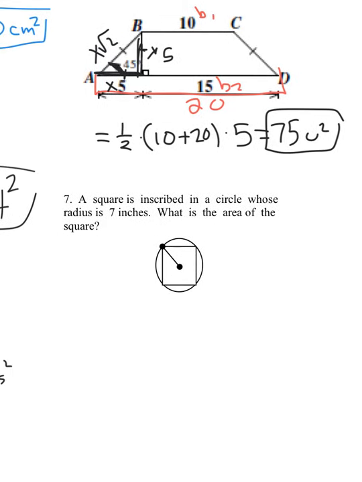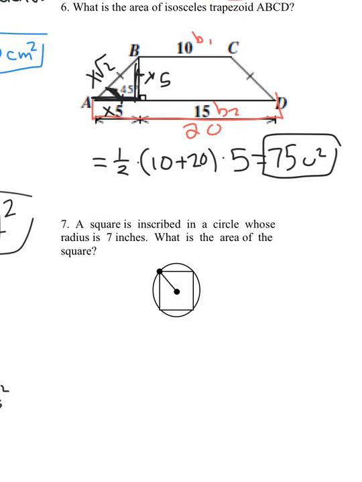Last one on this page, a square is inscribed in a circle whose radius is 7 inches. What is the area of the square? So the easiest way to approach this is to remember that a square is a rhombus, and therefore you can use the area formula for a rhombus here, much like we did on the previous problem on this page. 1/2 d1 times d2.